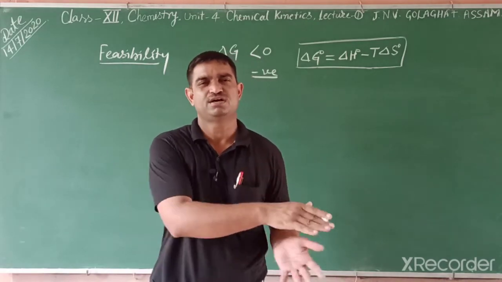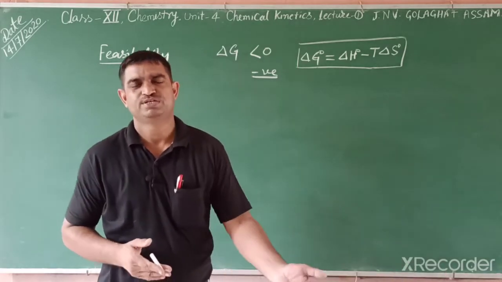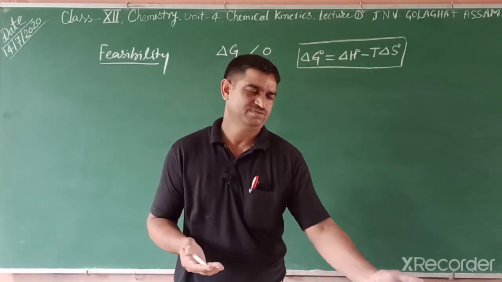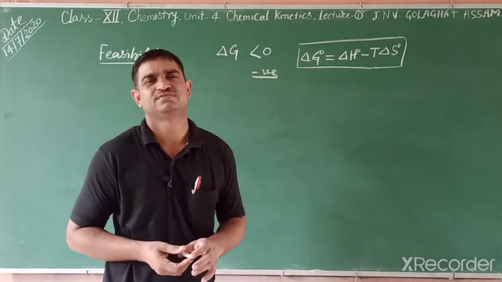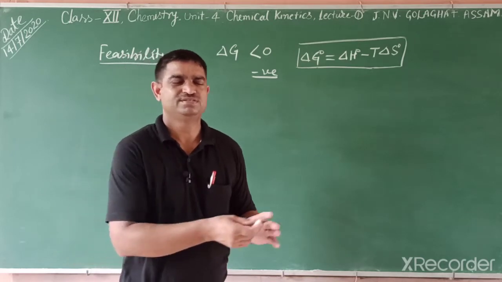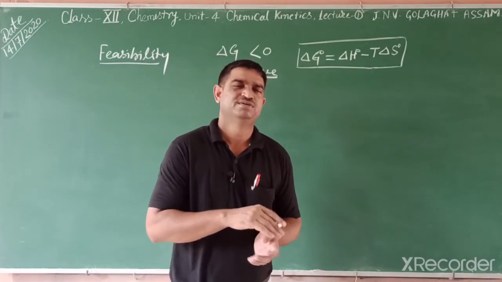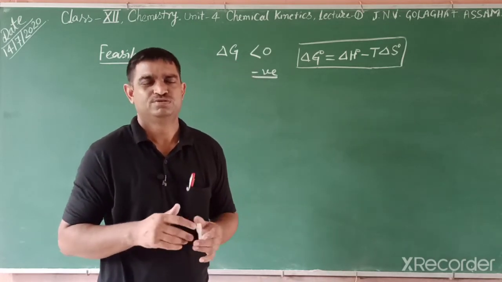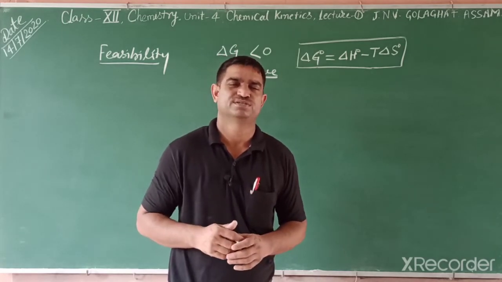Very fast ones are ionic, like silver chloride formation by mixing sodium chloride and silver nitrate. Another one we are showing is lead nitrate and potassium iodide, which give a yellow precipitate. These reactions are ionic and occur very fast. Rusting of iron and diamond converting into graphite are very, very slow, and some are moderate reactions.